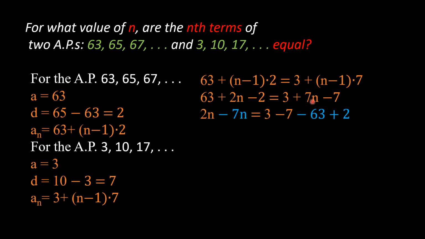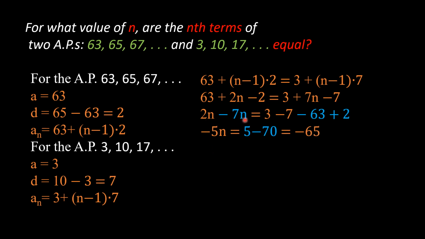This plus 7n, when it comes to the left hand side, will become minus, and 3, which is this 3, minus 7, which is this minus 7. This 63, when it goes to the right hand side, will become minus 63. This minus 2, when it goes to the right hand side, will become plus 2.